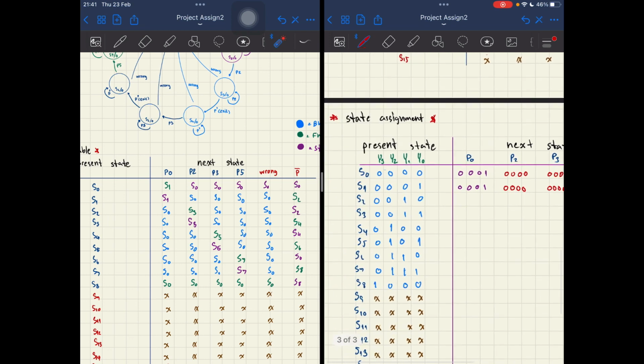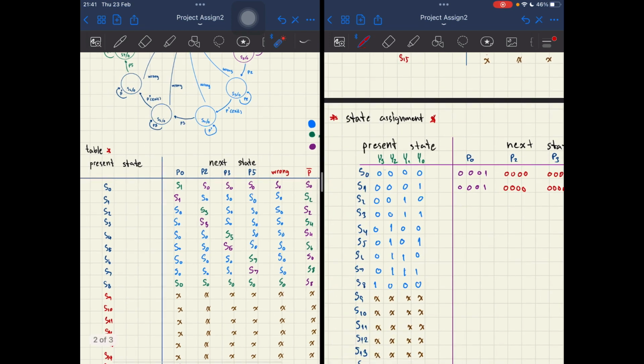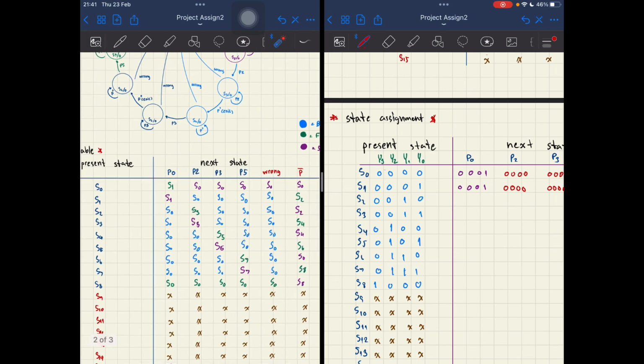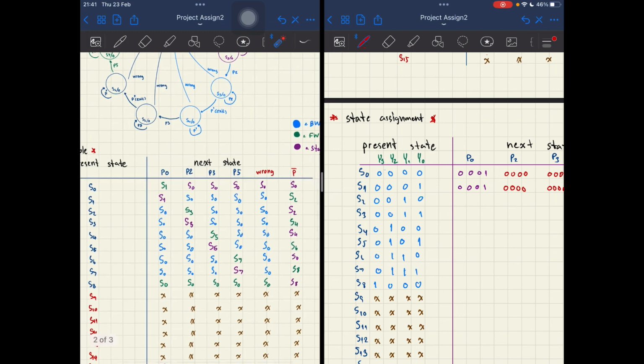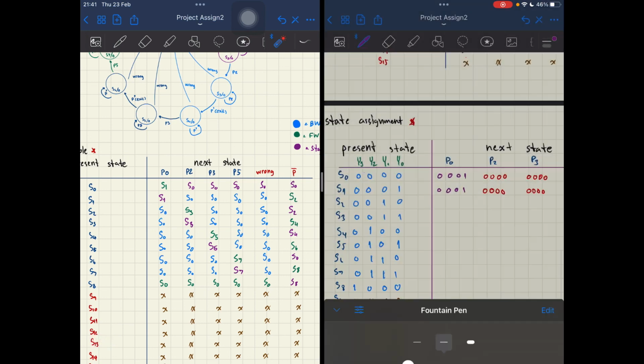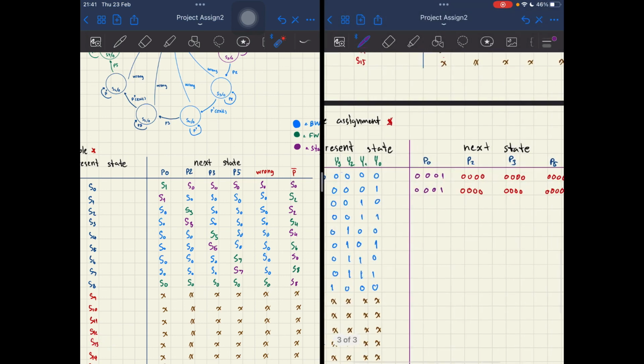Then state 2. For state 2, we can see that if we press 2, it will transition to state 3. State 3 is 0, 0, 1, 1. If we press 2, 0, 0, 1, 1.